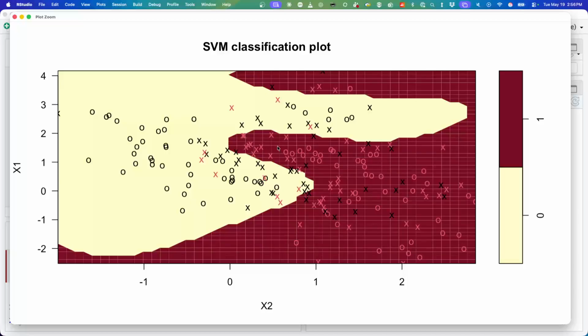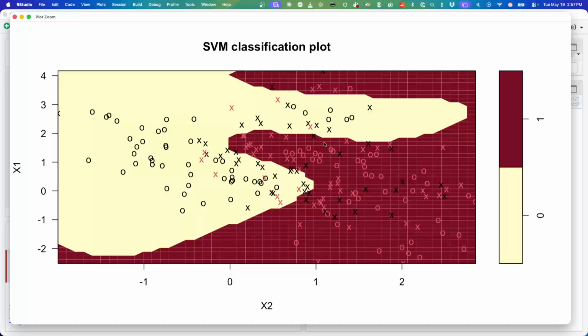I should mention again, the X's are our support vectors. If you are in violation, you're actually automatically a support vector, so there should be no red circles in here, and there should be no black circles here. You should be a support vector, aka an X, if you are in violation.